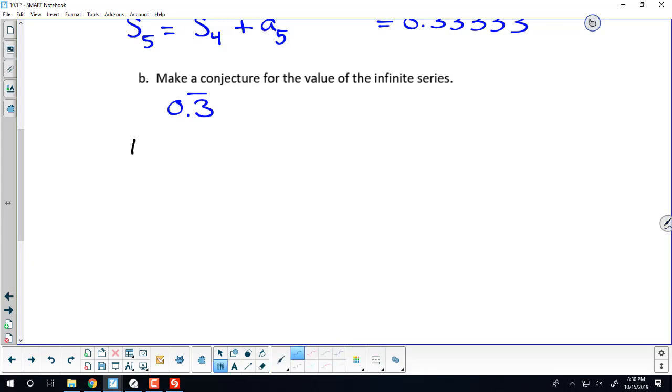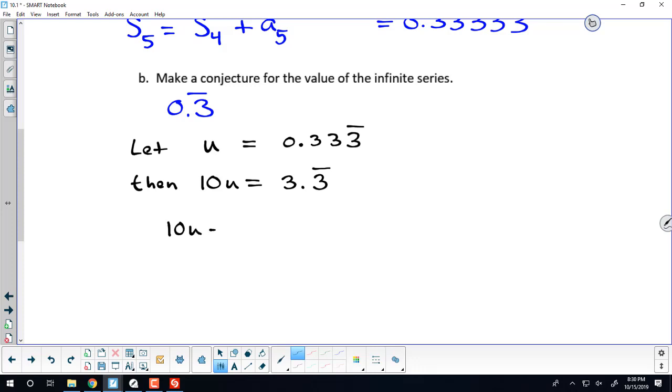What we do is we say let u equal 0.33 repeating. If that's our u, then 10 times u is 3.3 repeating. And so what happens when we take 10u minus u?